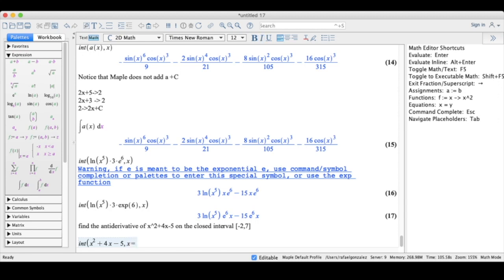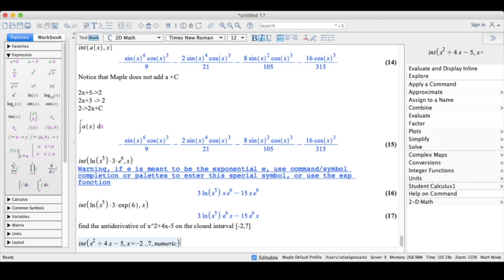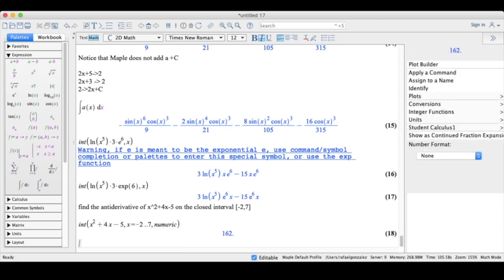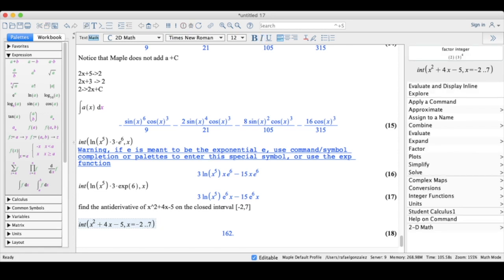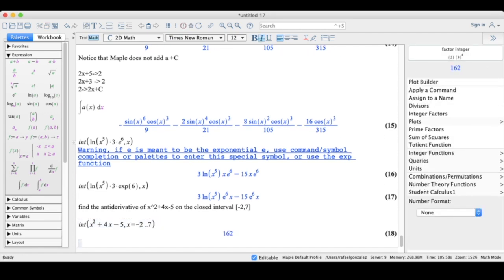So x equals minus 2 to 7. And to get a numeric answer, we could emphasize that on Maple. So we could say numeric to emphasize that we want a numeric answer. And we get that the value will be 162. Now, if you remove this, you'll get the full solution that we expect, which is also 162.